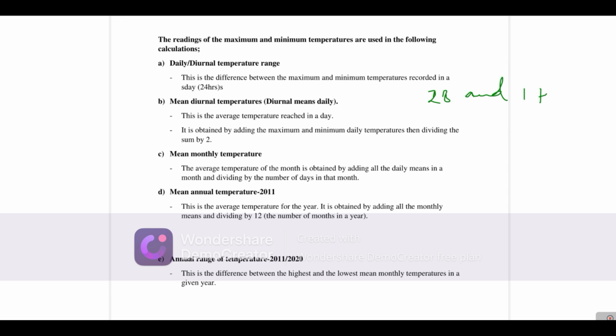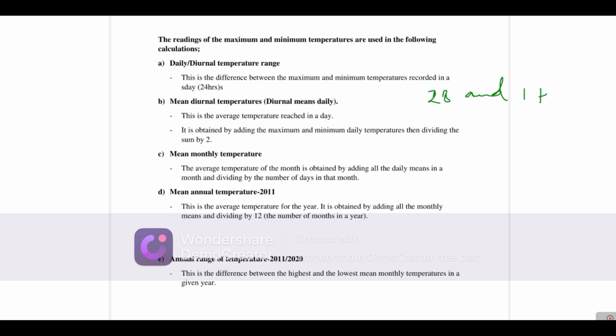So if you do your calculation very well, you'll be able to get that particular value. This range is going to be 11. If you take 28 minus 17, it's going to be 11.